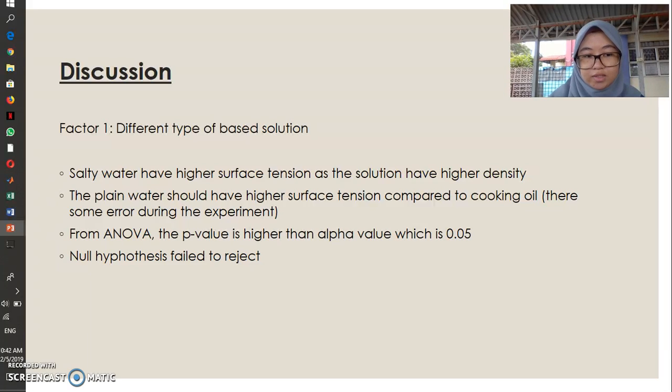From the result, the cooking oil and the plain water have a higher surface tension, but plain water should have the higher surface tension compared to cooking oil. So there is some error during the experiment. From the ANOVA, the p-value is higher than the alpha value, which is 0.05, and so we fail to reject the null hypothesis. Okay, next I will pass to Ibrahim.